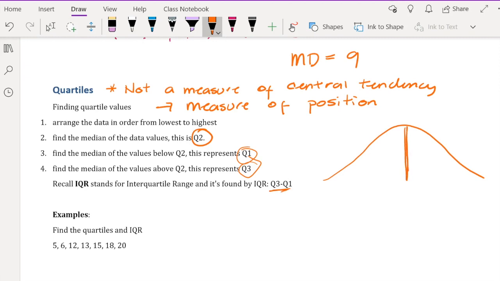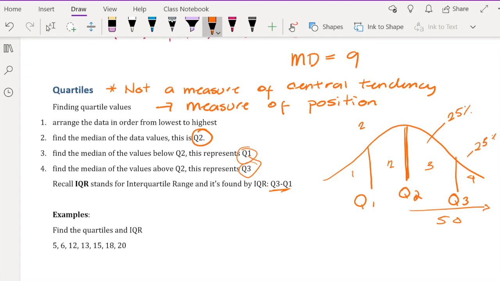So the first quartile is the median, so that's Q1. I'm sorry, Q2. This would be Q1. This would be Q3. There's only 3 quartiles, but it splits the distribution into 1, 2, 3, 4, into quarters. To this side, it's going to be 50%. Each one of them is going to be 25%, 25%, 25%, 25%.